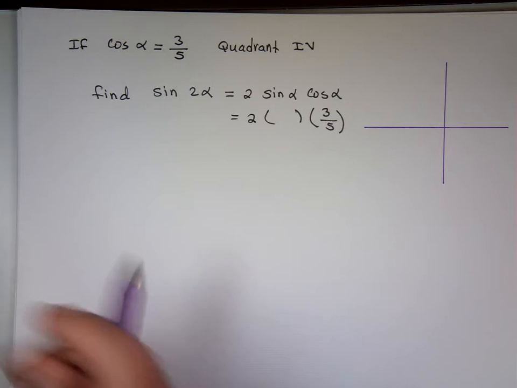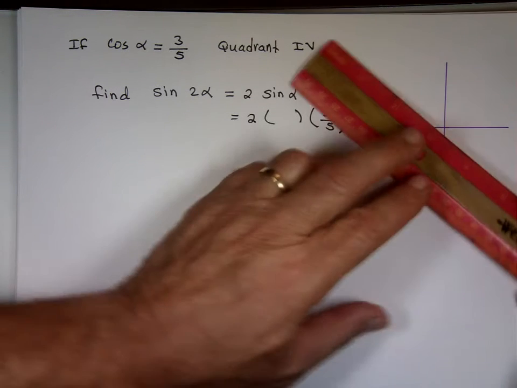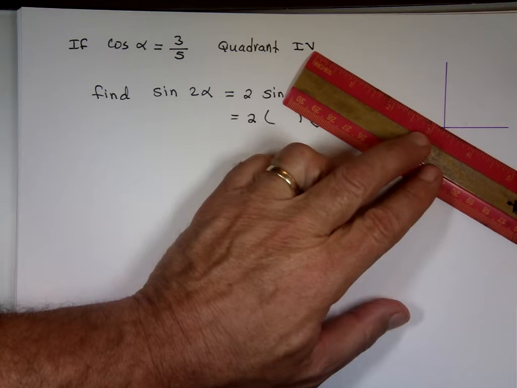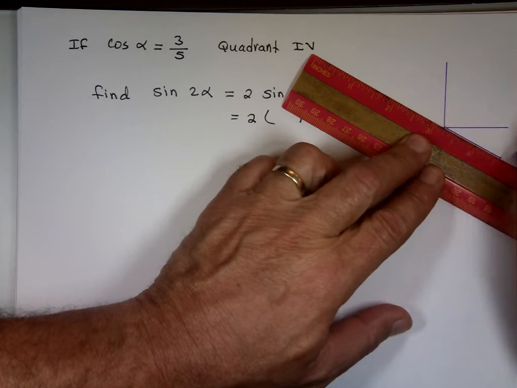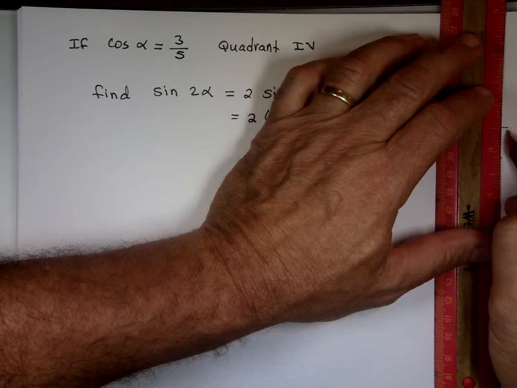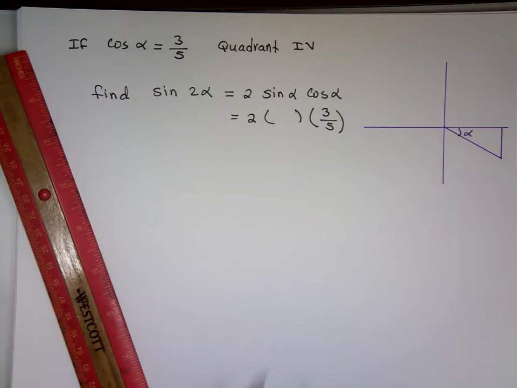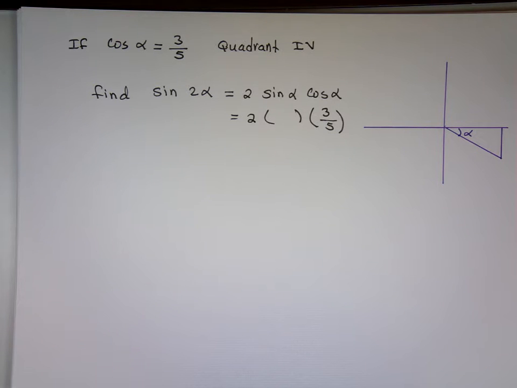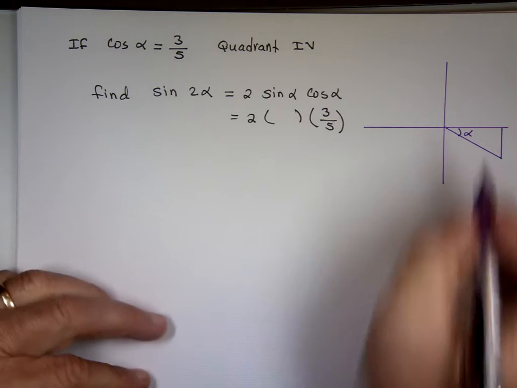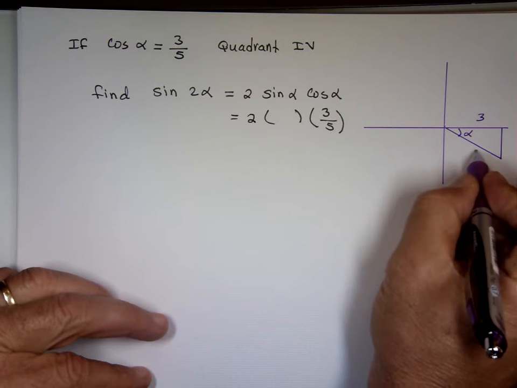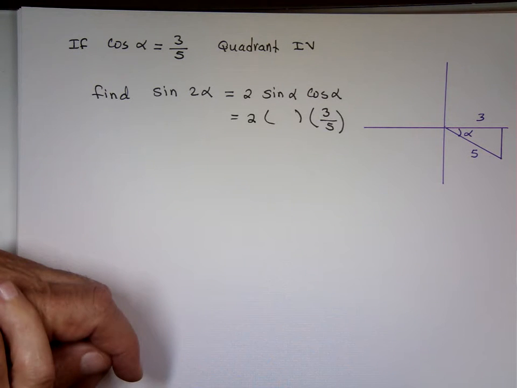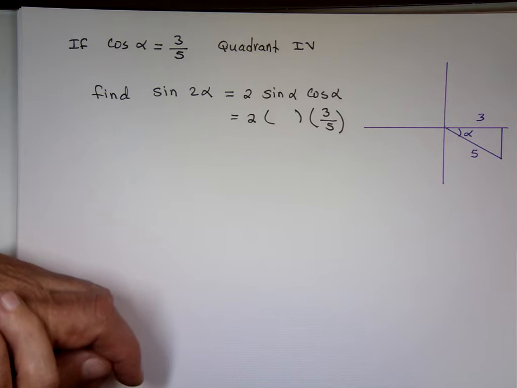So we have alpha in the fourth quadrant. This is alpha. And the cosine is 3 over 5. What side is the cosine? Adjacent over hypotenuse. Well, it would be a negative, right?